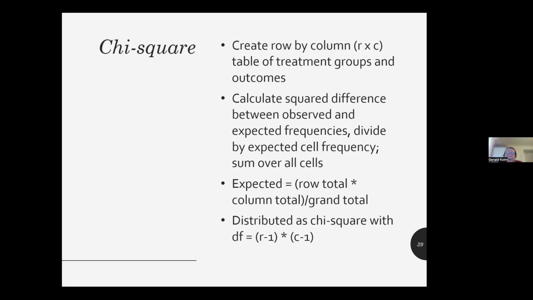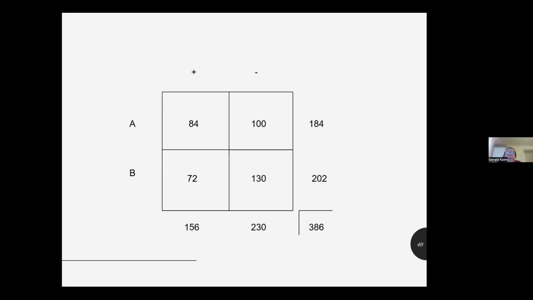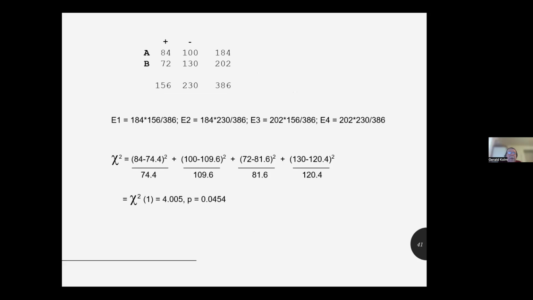It turns out that the statistic we get is distributed as a chi-square with degrees of freedom equal to the number of rows minus 1 times the number of columns minus 1. In my example here, I have the same numbers as before. My calculation for this chi-square statistic first involves the expected.